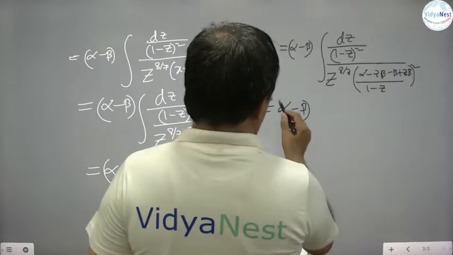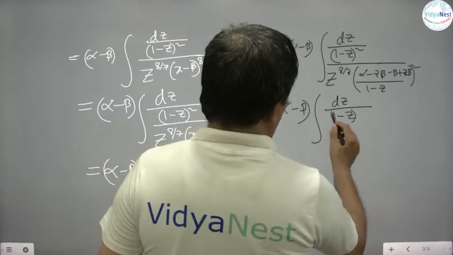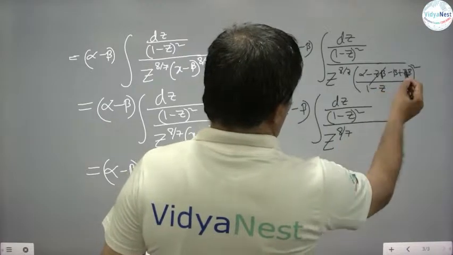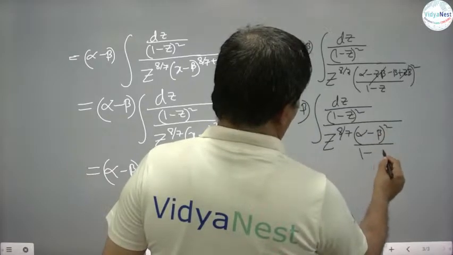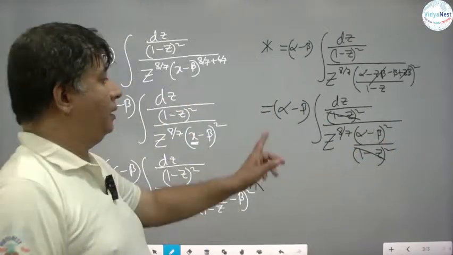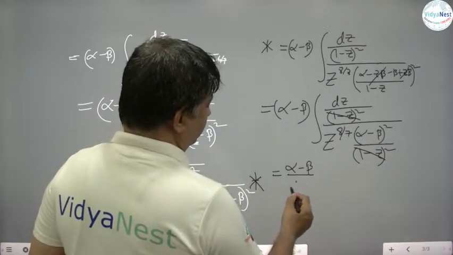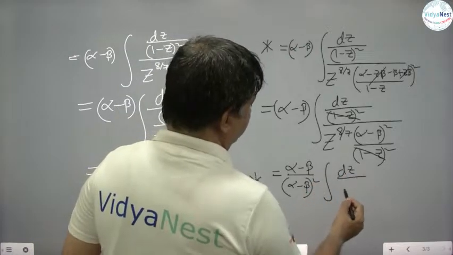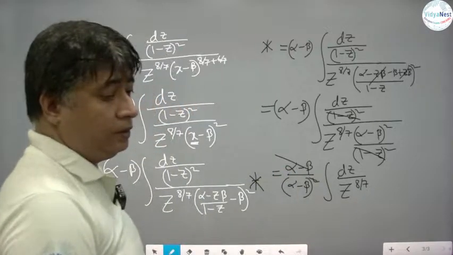Alpha minus beta, z beta cancel. See, this alpha minus beta whole square will be brought out. Cancel. Okay.